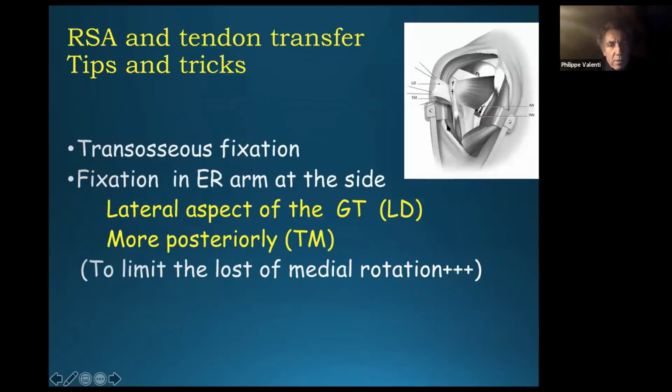Regarding the technique, it is a classical technique, and we use 2 tendons, and you fix them opposite to the insertion, not too much anterior, but lateral and posterior, and you fix the latissimus dorsi and more posteriorly the teres major. Now I don't continue to use both, but I use only the latissimus dorsi, and I didn't check my patients, but my feeling is the same result.